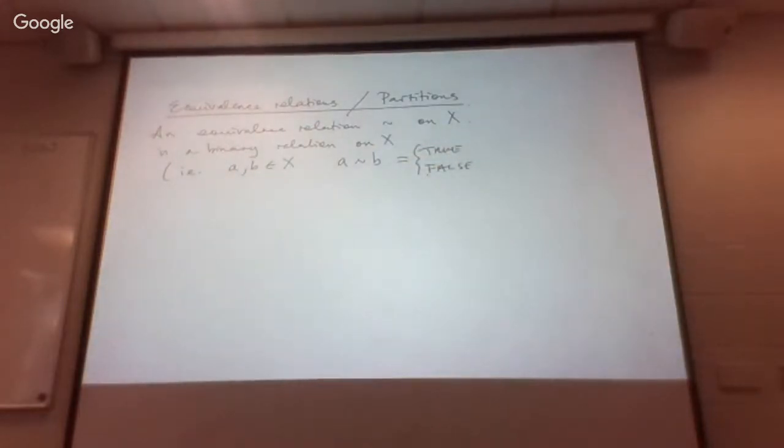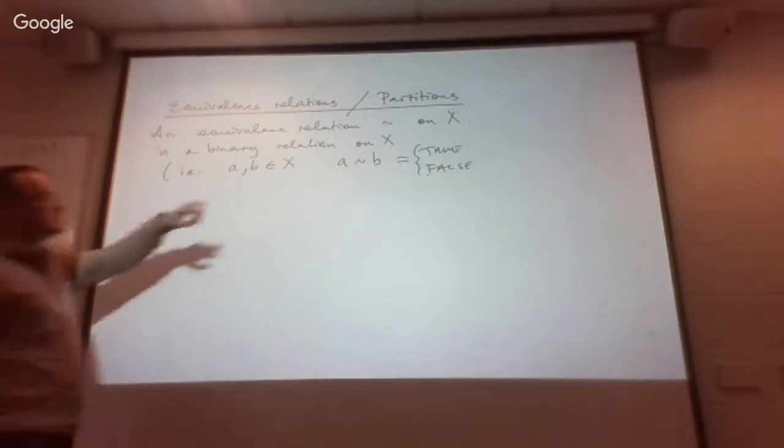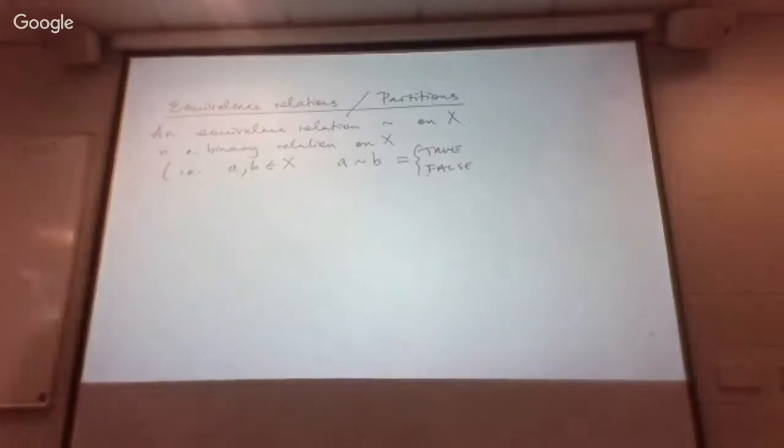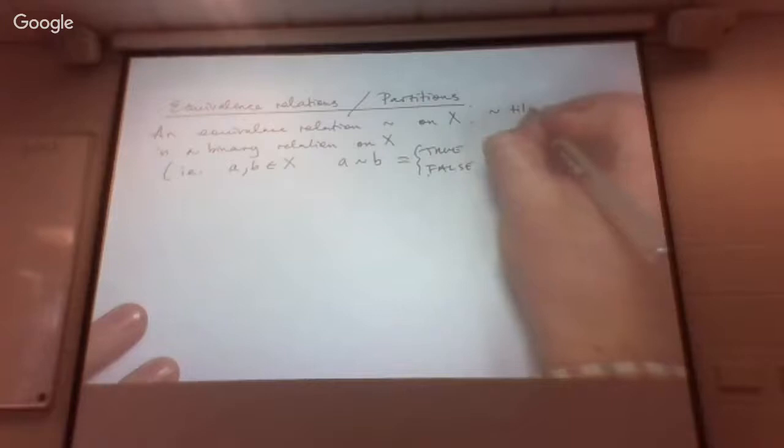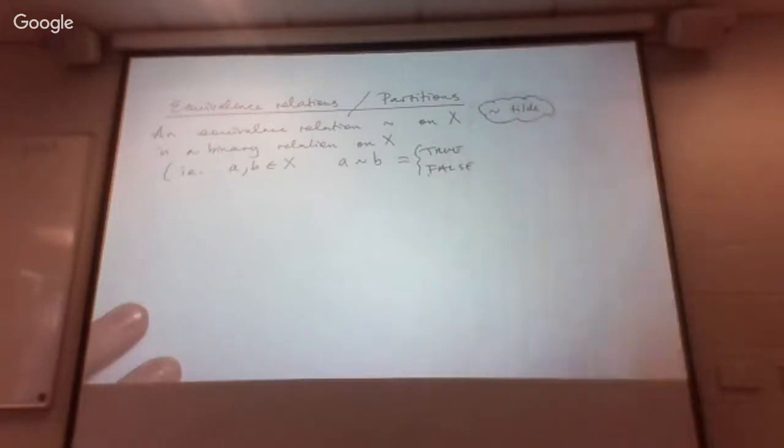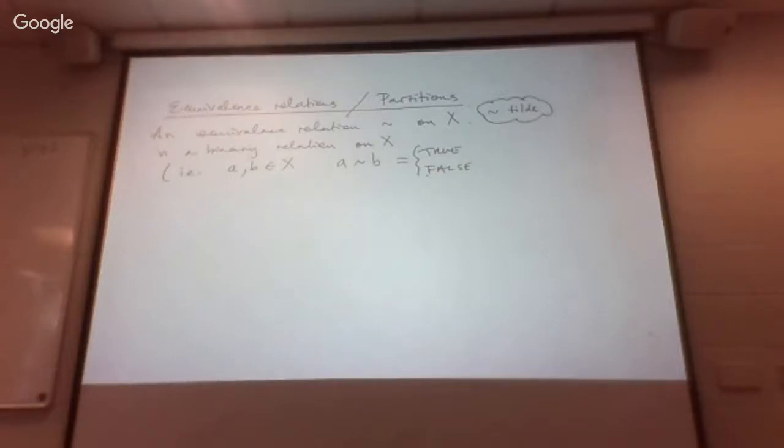Just like our statement here, which was n divides A minus B. It doesn't have a numerical value. It has a logical value. It's either true or false. It's a statement, a declaration. So this is the character tilde, traditionally used to represent an abstract, general relation.